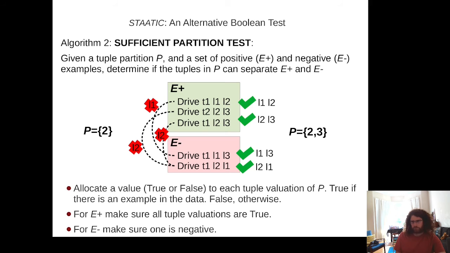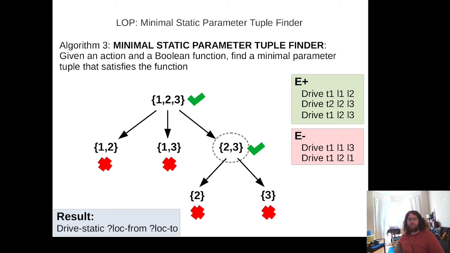Okay. So the idea then is to take that Boolean function and use it within the algorithms for LOP. In the first algorithm, we're looking for the minimal parameter tuple. These are the ones that must be part of the static. So we start with all the parameters, so 1, 2, 3 in the drive action, for example, and then we remove parameters incrementally and test again, right?